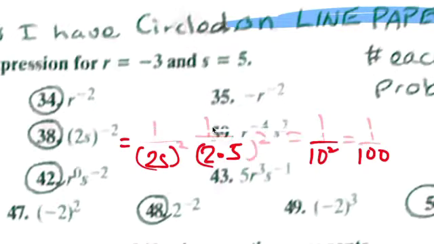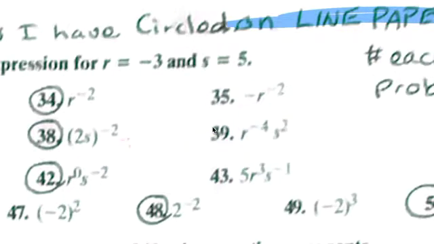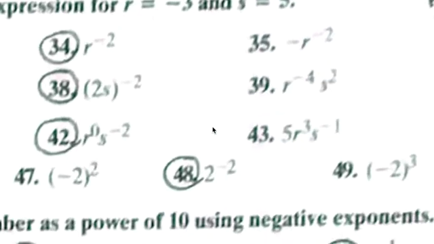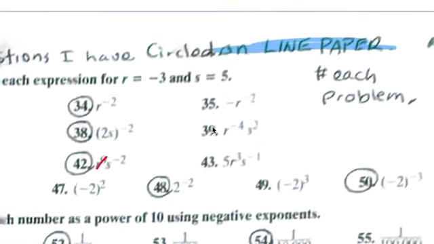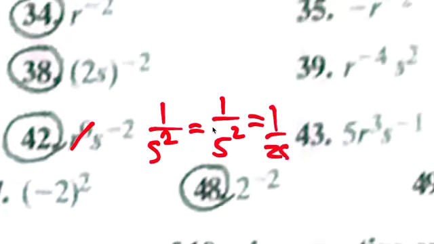Okay. All right, 42. That's 1 there. And that's 1 over s squared, and s is 5, so 1 over 25.